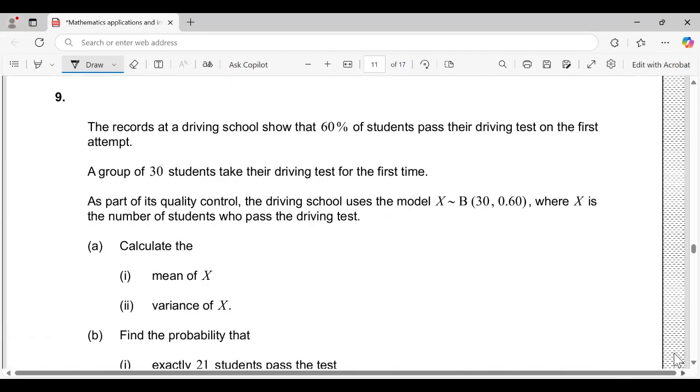Number 9. The records at a driving school show that 60% of students pass their driving test on the first attempt. A group of 30 students take their driving test for the first time. As part of its quality control, the driving school uses the model X, a binomial distribution with 30 and 0.60, where X is the number of students who passed the driving test.